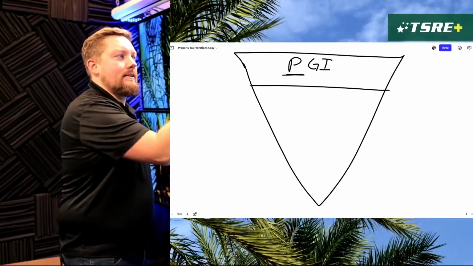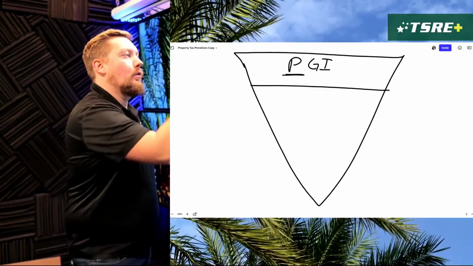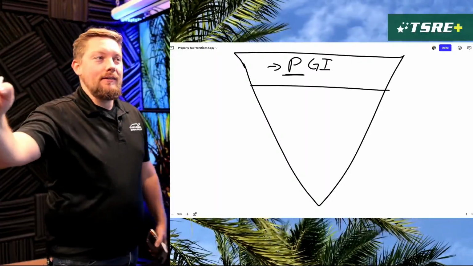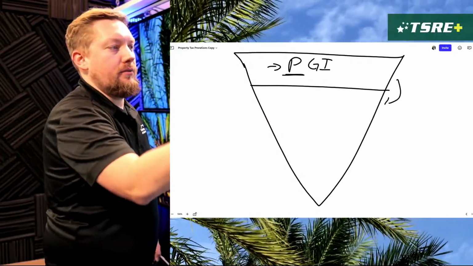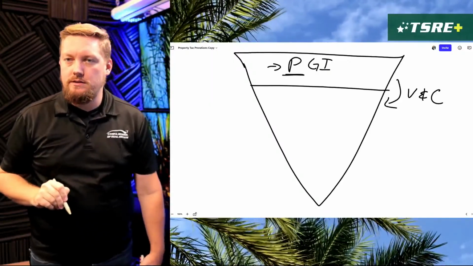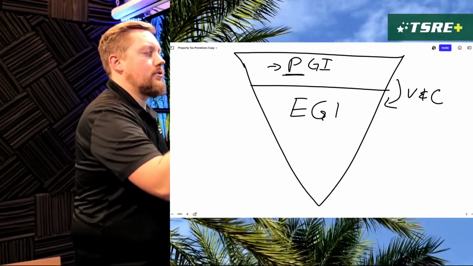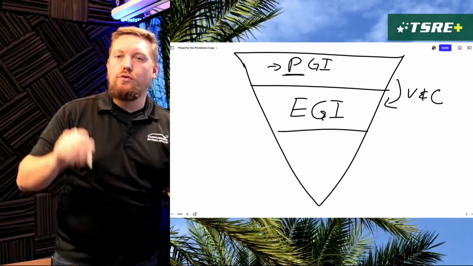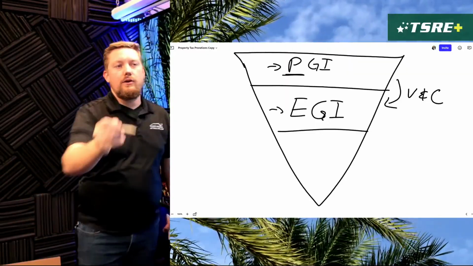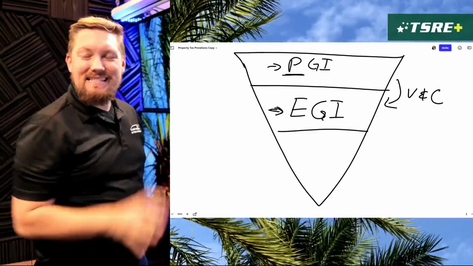But that is fairy tale land because it's not what the property actually generates, it's what it could, which is great to have a dream, but we also have to factor in a little bit of reality, that is the vacancy and collection losses. The vacancy and collection losses bring you down to your effective gross income. So to go from potential gross to effective gross, you're simply subtracting out the vacancy and collection losses.